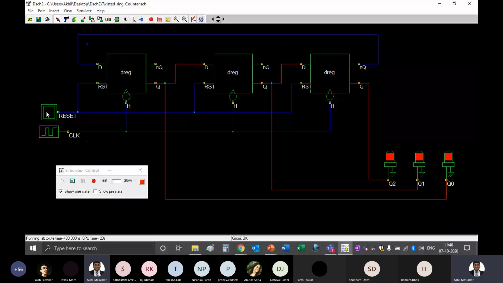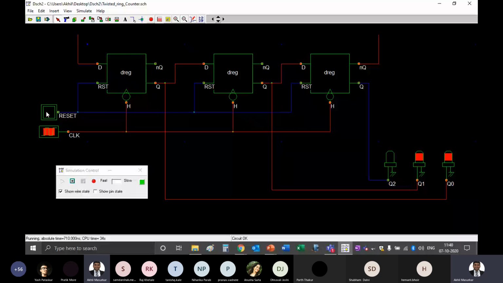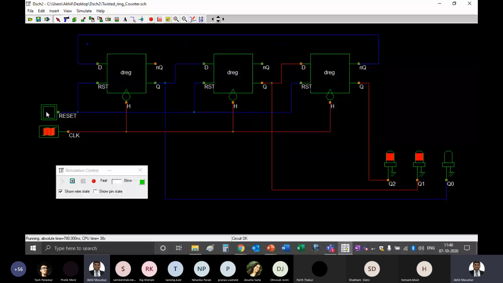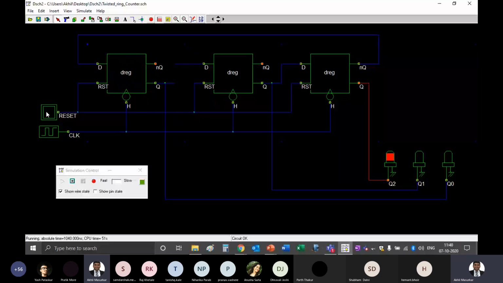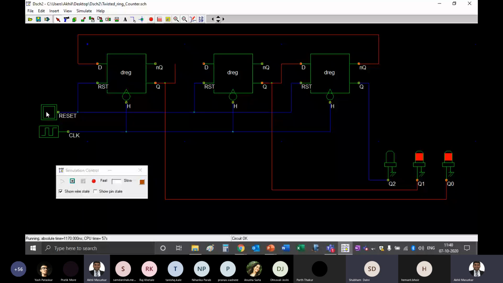Now Q0 will become 0. Then Q1 will become 0. And then Q2 will become 0. There is a small latency, but anyways, it's there. Correct, Hemant. You have got that. Now just see the implementation of this. So Shubham, I think all you had to do is delete some flip-flops and get this, right? Yes, sir.